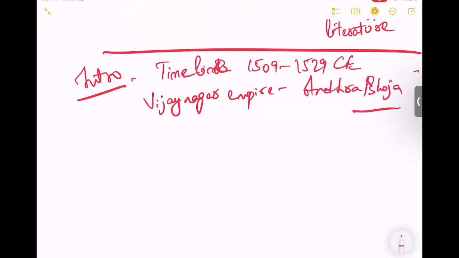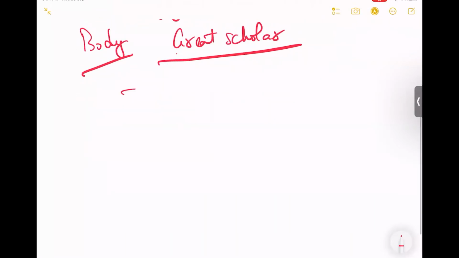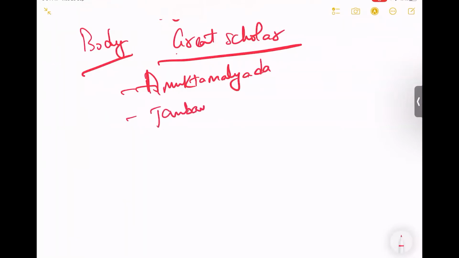Bhoja means king. Okay. And first, in the body, establish the fact of him being a great scholar. How is he a great scholar? So you can say he has written some of the greatest works like Amukta Jambavati Kalyanam.